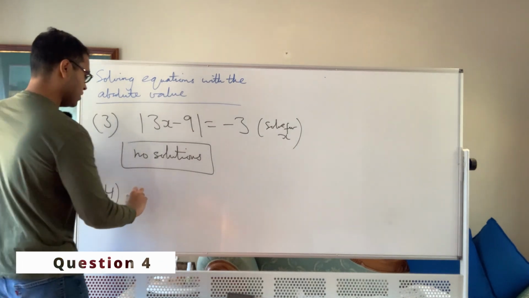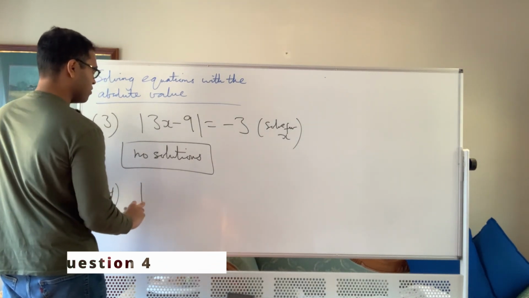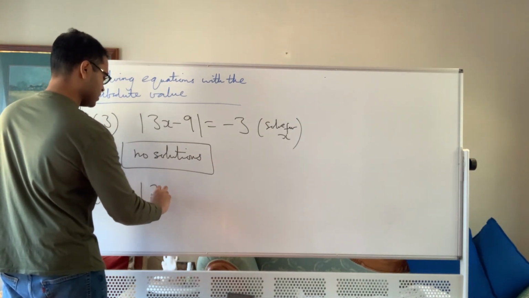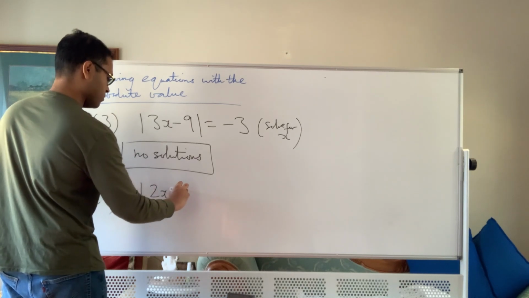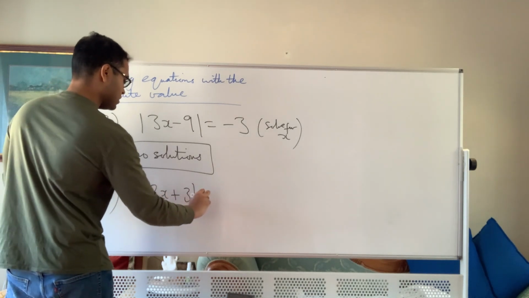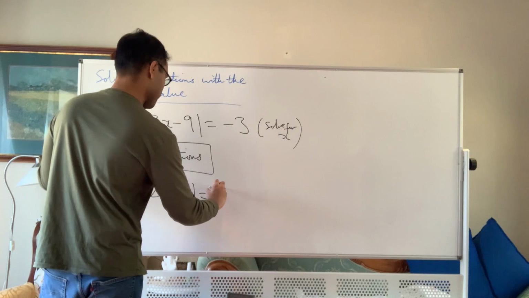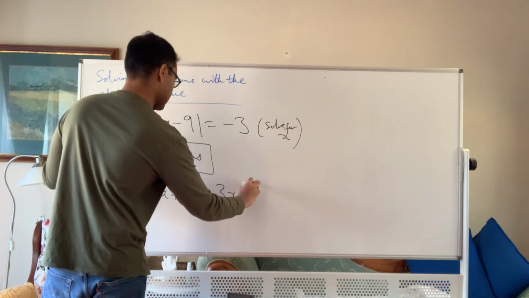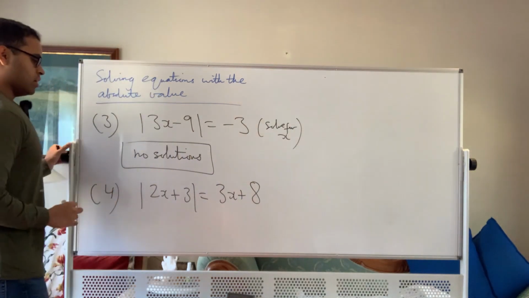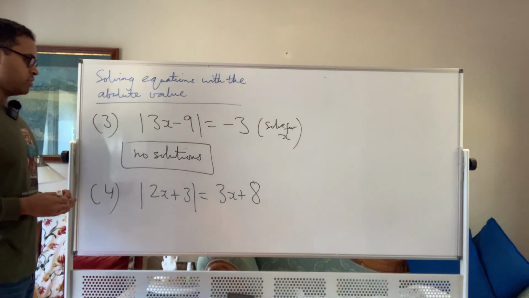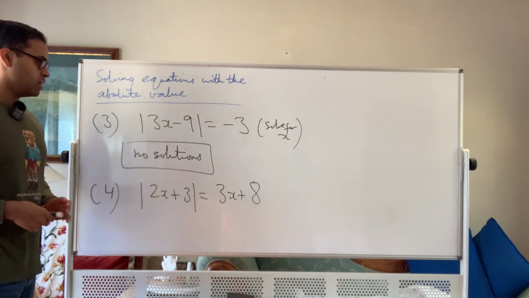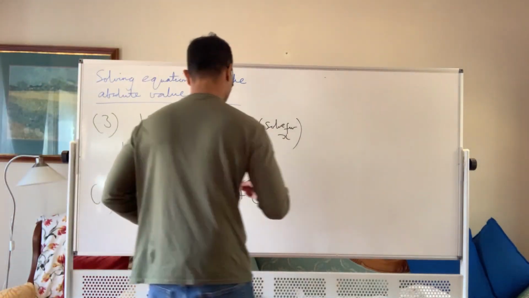Problem 4 is the absolute value of, let's say, 2x plus 3 is equal to 3x plus 8. Okay, solve for x. The absolute value of 2x plus 3 is equal to 3x plus 8. Solve for x.